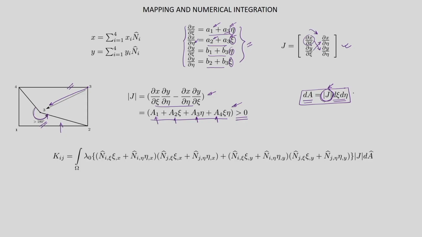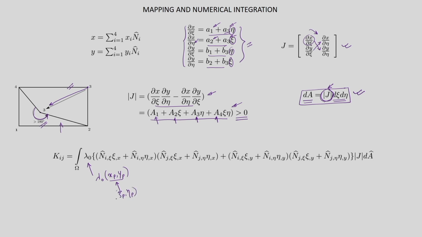Once we get the relation between dA and dA hat, the next step is to evaluate these lambdas at certain points in the master element. Where did we get this xp, yp from? We got it from xi p, eta p.